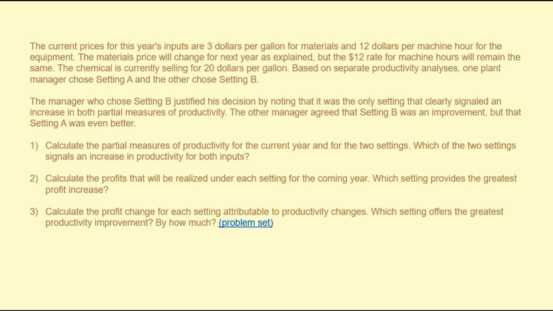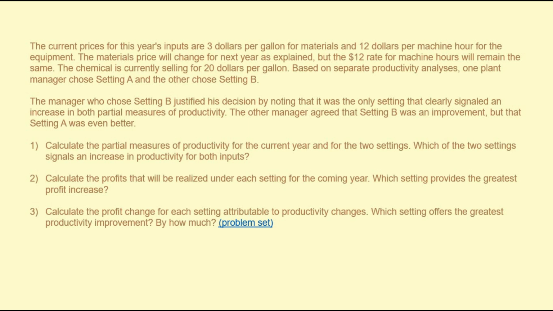So the requirements are: number 1, calculate the partial measures of productivity for the current year and for the 2 settings. Which of the 2 settings signals an increase in productivity for both inputs? And number 2, calculate the profits that will be realized under each setting for the coming year, and which setting provides the greatest profit increase.